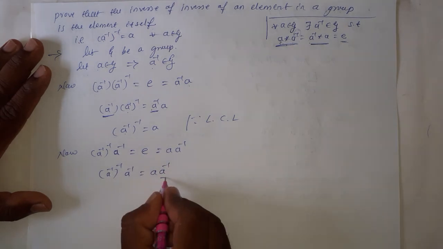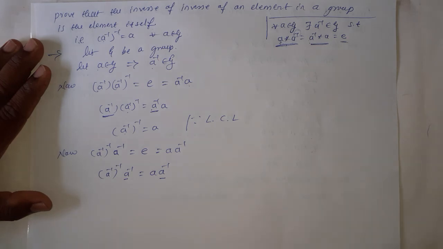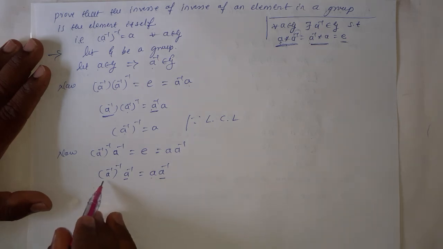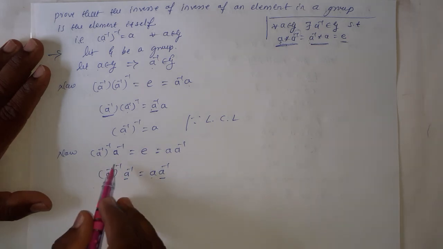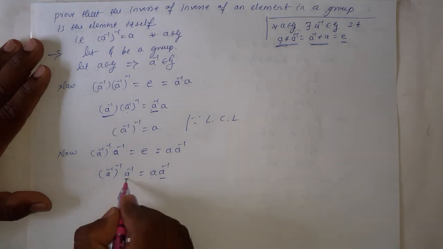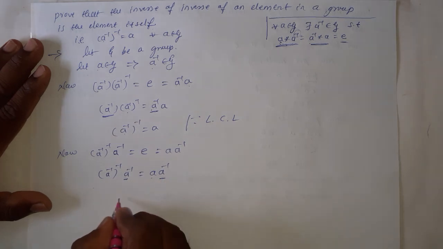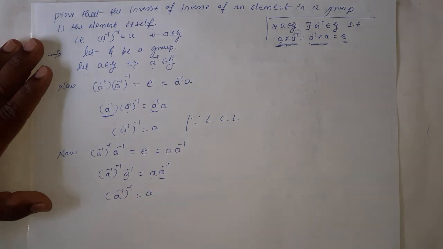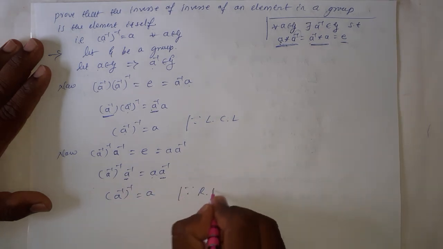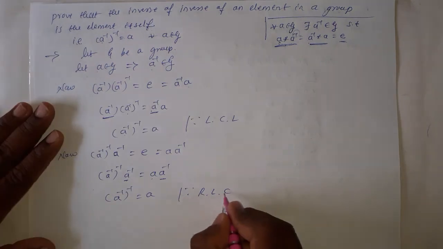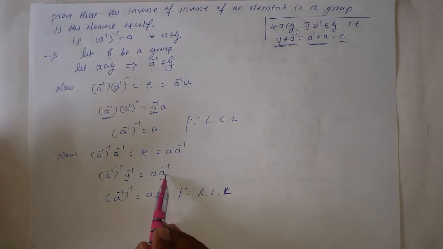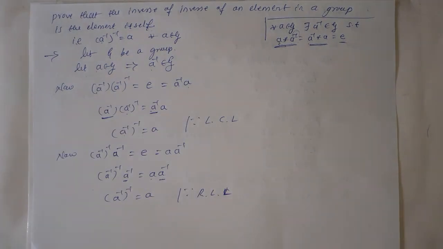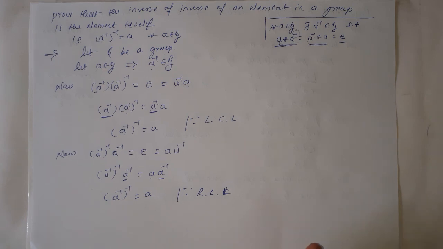Now this A inverse is on the right side of A as well as on the right side of the element inverse of A inverse. So we can cancel out these two elements, then the remaining A inverse whole inverse is equal to A. This is by using the right cancellation law, because here A inverse is on the right side. If the element is on the right side, then we need to use the right cancellation law.